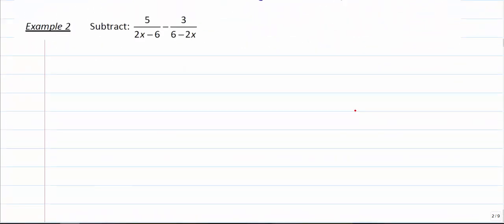Example 2 is another one in which it's not the best option to cross and smile. It just depends. What's wrong with example 2, though, is it's where these two denominators are almost the same except for its subtraction that's been turned around.